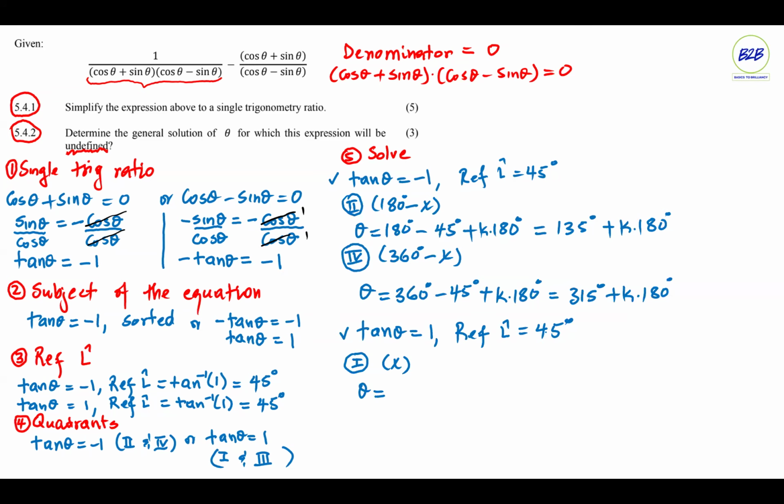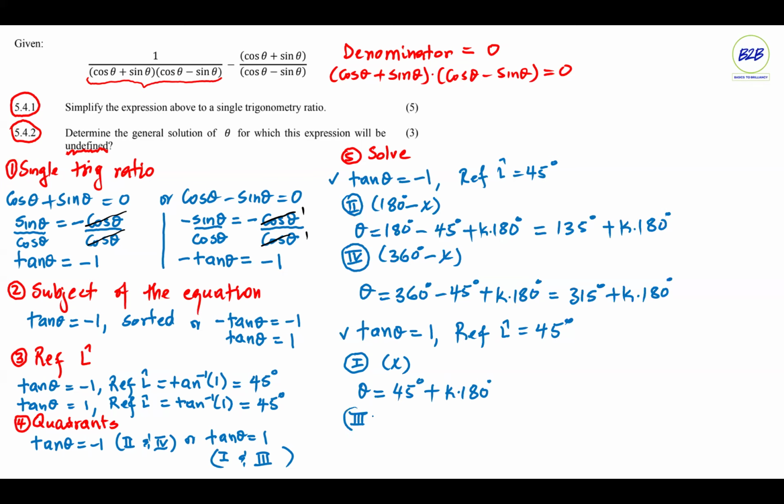The reference angle, which is equal to 45 degrees plus k times 180 degrees. And the quadrant that we selected together with the first quadrant for tan theta equal to 1 was the third quadrant.